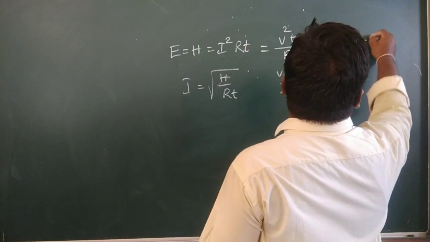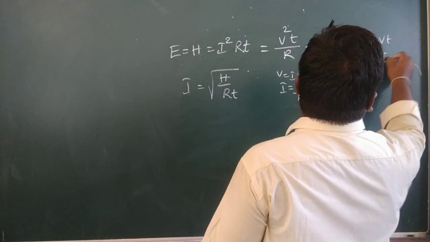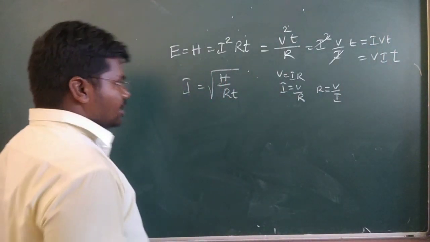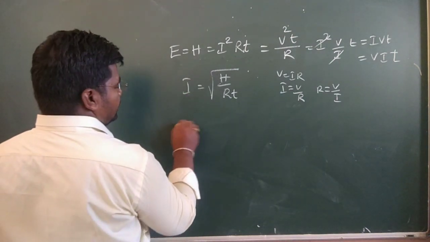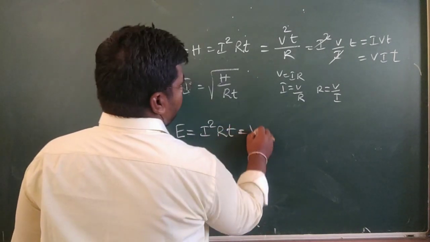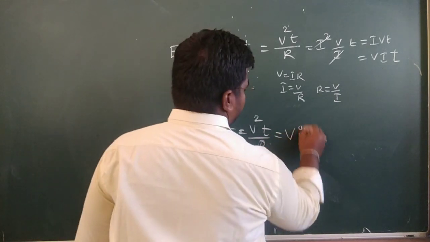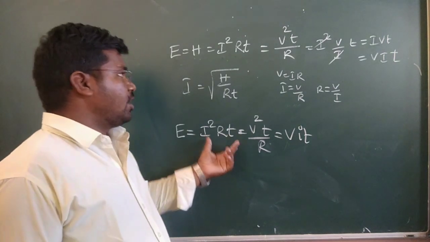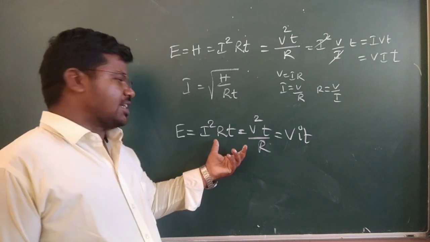We get I into V into T, or VIT. So these are the expressions. First one, E is equal to I square RT is equal to V square T by R is equal to VIT. Understand? So this is the expression for electrical energy or heating effect of electric current.